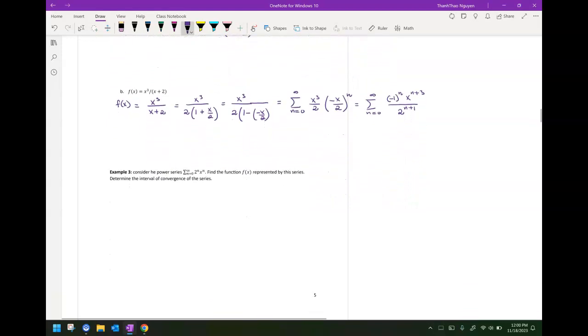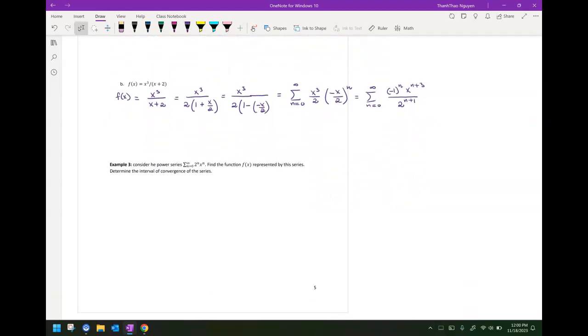Now we have a series. We want to find the function represented by this series, and then determine the interval of convergence of the series. So this means I have the sum from n equals 0 to infinity of 2x to the n. Actually, I don't even need to write out a couple terms, because this is the geometric series, right? So this is 1 over 1 minus 2x.